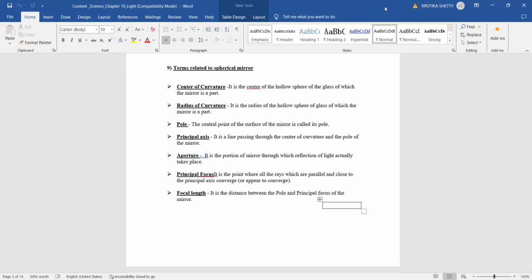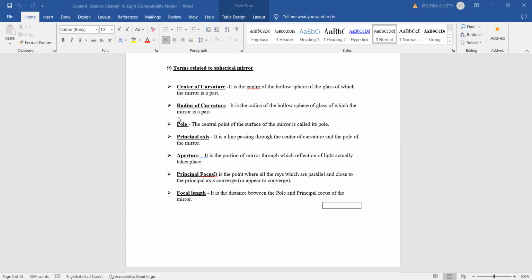I don't exactly have doubts. Okay. But here in the principal focus, it's a point where all the rays which are parallel and close, right? So what do you mean by appear to converge over there? Appear to converge means it is exactly not converging. It is just looking like it is converging at that point. Oh, okay.